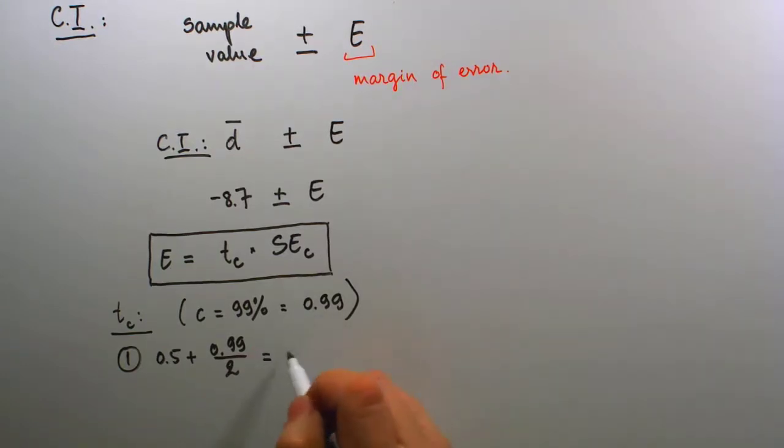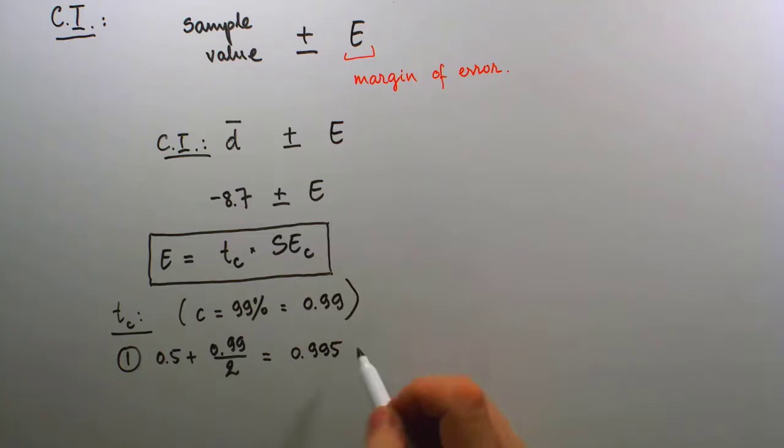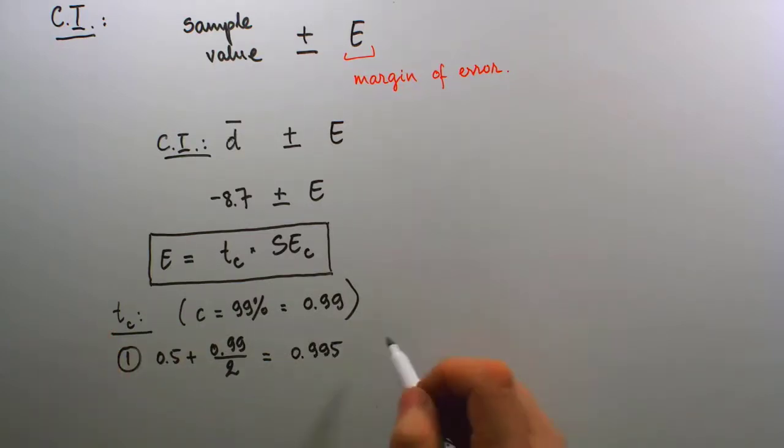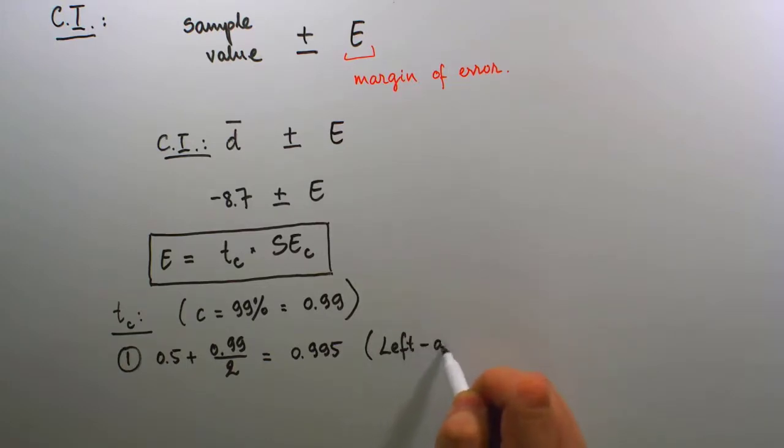So the answer here comes out to be 0.995. And just like in lessons when we were still learning how to find confidence intervals using the T sub C, we call this value here the left area, or area left.